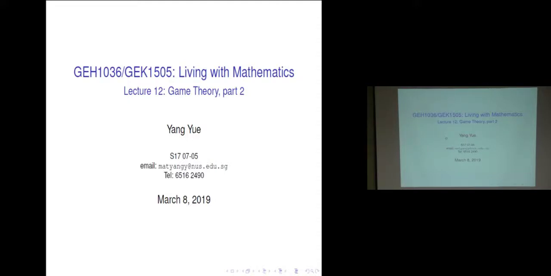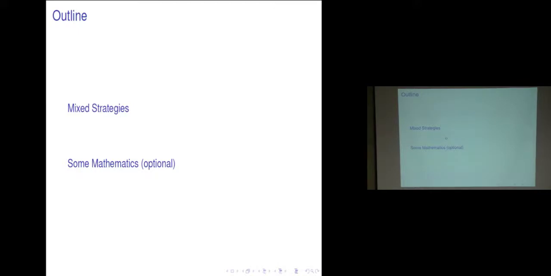Okay, so today there are two topics. One is we have to finish the typical ones. We are going to introduce probability so that some problems which do not have a Nash equilibrium in the so-called pure strategy situation now have a Nash equilibrium.